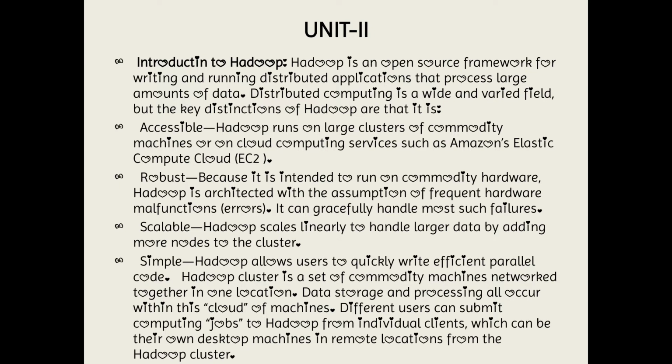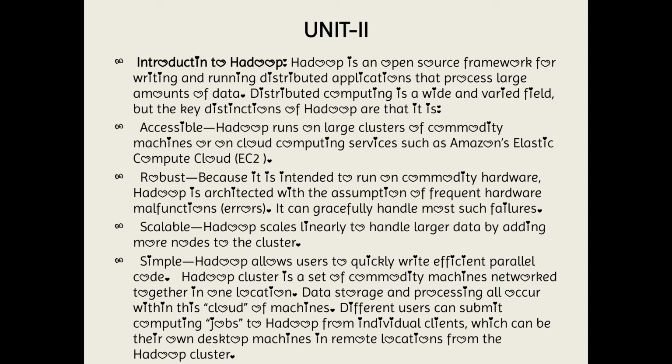And next, commodity hardware. Commodity hardware means, for your laptops or systems, the configuration should be minimum. If the configuration is minimum, any software can run on it. So the designed software must be able to run on any systems or laptops. That is configuration.